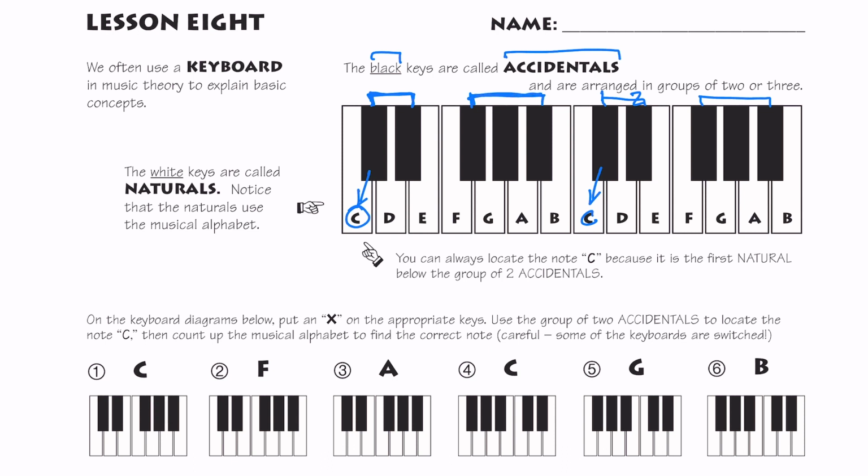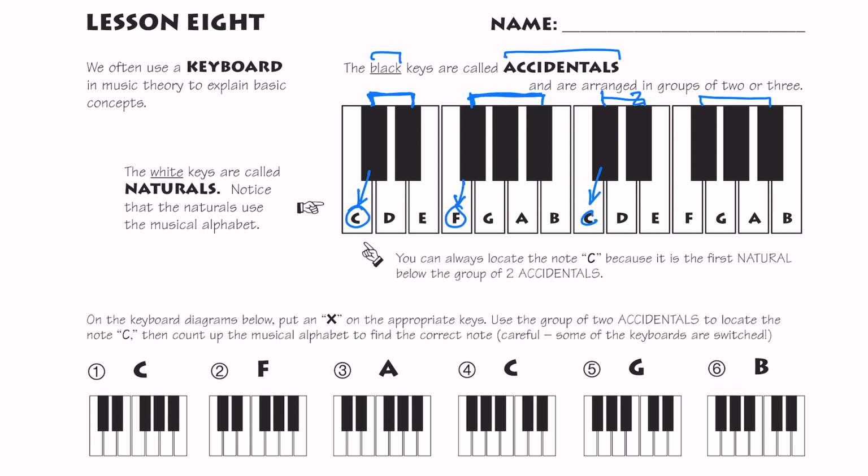So here's 3. The note below 3 is F. So it really helps to have those 2 notes, the C below 2, and F below 3, as your home keys that you always know, and it makes it easy to find any note on a keyboard.